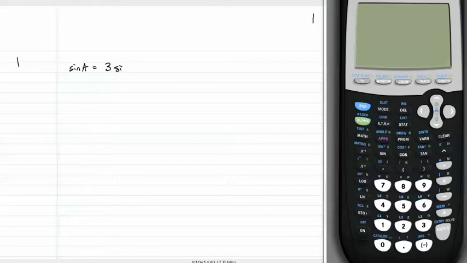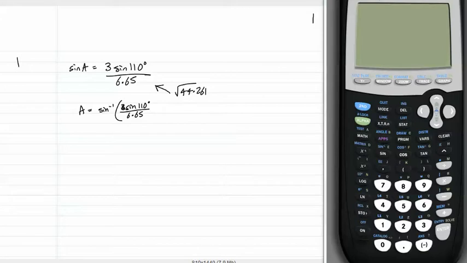Now we could have used, instead of 6.65, the square root of 44.261 that we had before, which was just a little bit more accurate, because remember we don't want to round too early. But either way, we want angle A, so it's going to be inverse sine of 3 sine 110 degrees on 6.65.